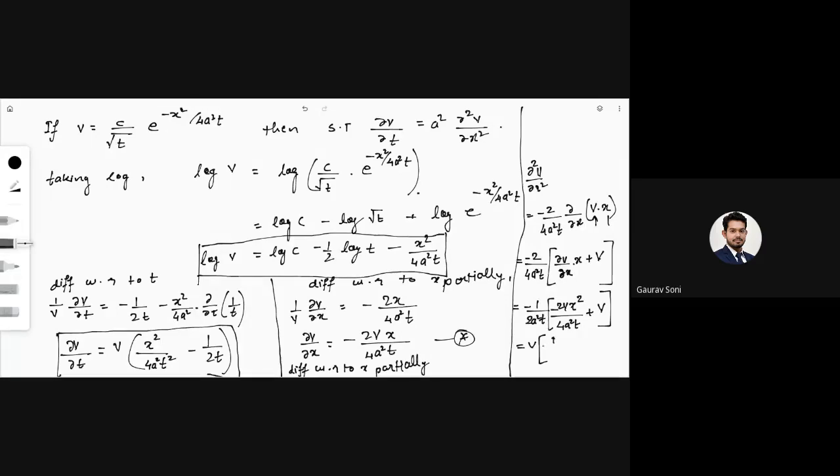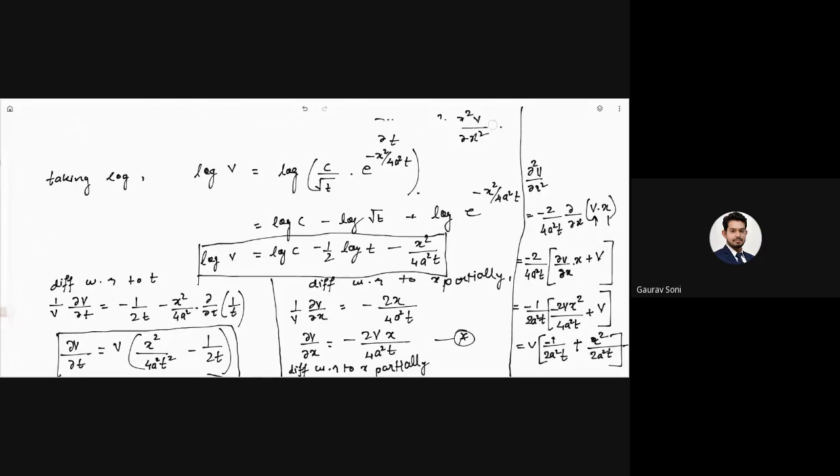So this will be 1 upon 2a square t, minus, oh sorry, minus 1 upon 2a square t, and this will be plus x square upon 2a square t. And so I'll just rub this and write it down in a straight line so that things can be seen easily.